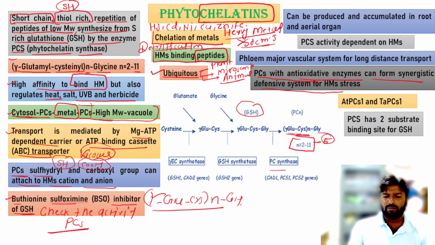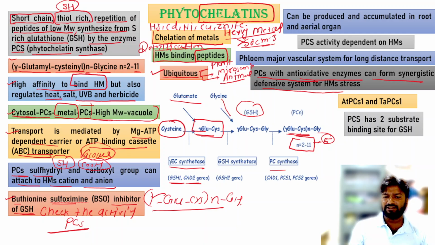Next, this is the biosynthesis pathway of the phytochelatins. So here the cysteine amino acid is there, and in the presence of gamma-EC synthetase, with glutamate as the substrate, it forms gamma glutamyl cysteine. Okay, and the genes GSH1 and CAD2 are involved.